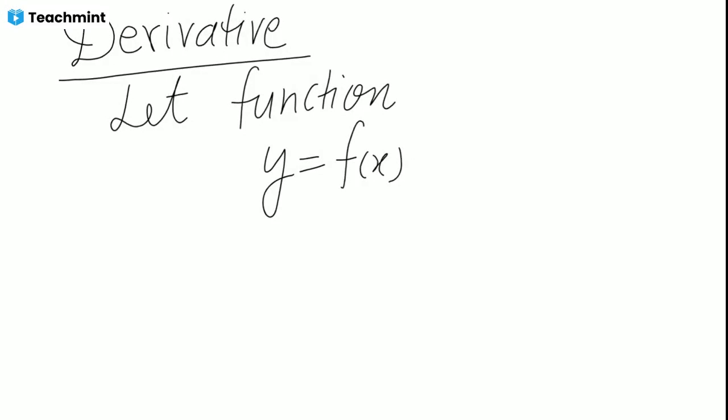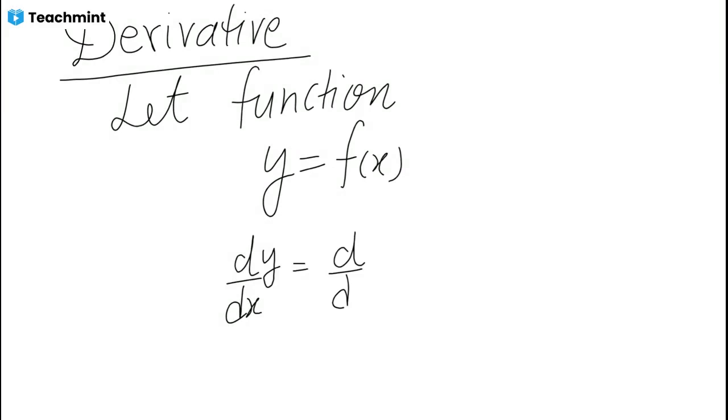Now we are going to understand what a derivative is. If we differentiate this function, this is the symbol of differentiation. Derivatives means when we differentiate a function, then we get the derivative. Then we get dy over dx is equal to d over dx of f(x). After differentiation, f(x) will be f dash x.